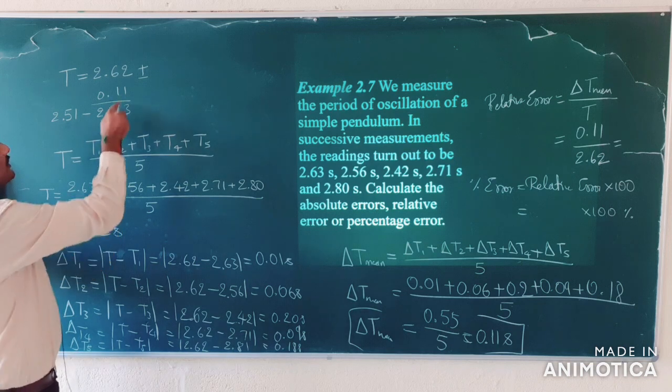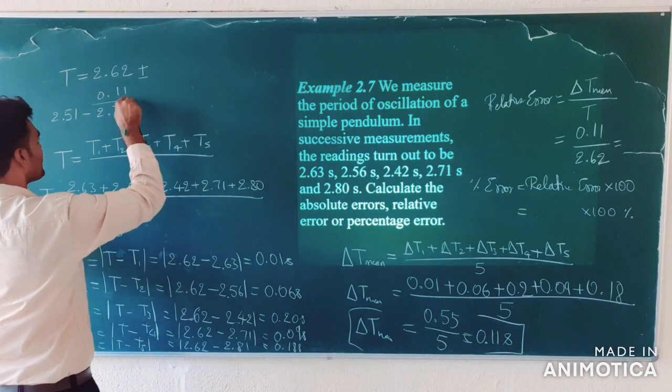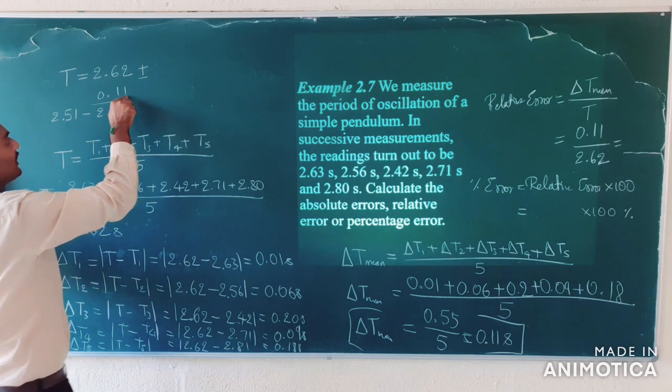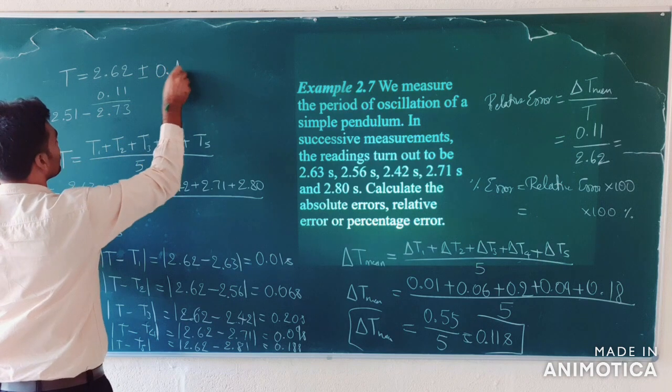So what we'll do is we'll neglect the 0.11, the second decimal value of the error, and we'll only keep one decimal place.